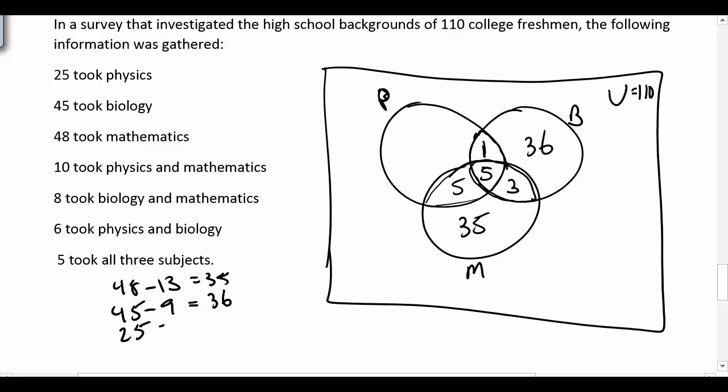And physics, so that's 25. Let's see, for physics I've already accounted for 5, 5, and 1, so I've accounted for 11. And so that means 14 are just taking physics. Okay, so now we've got all these different regions, and we can go and answer some questions about this.